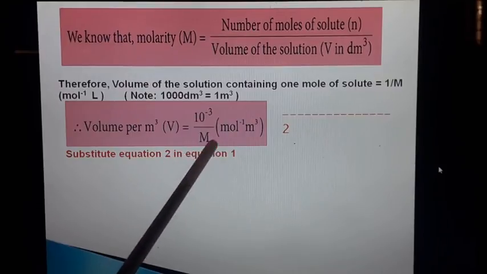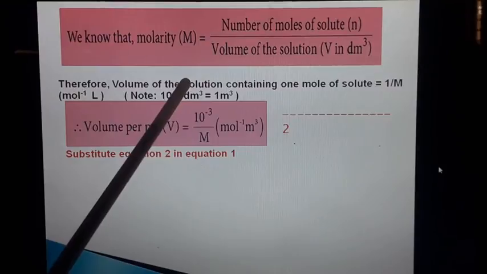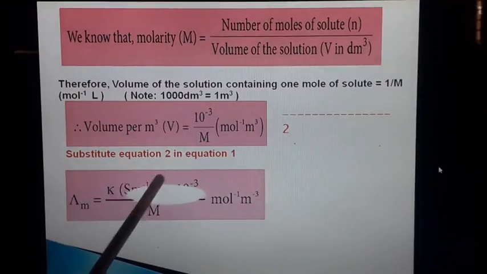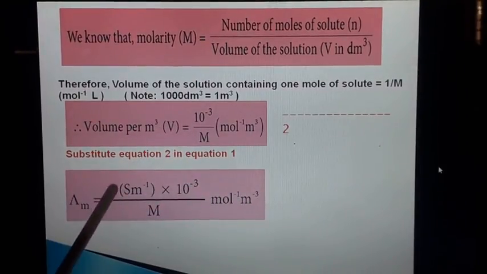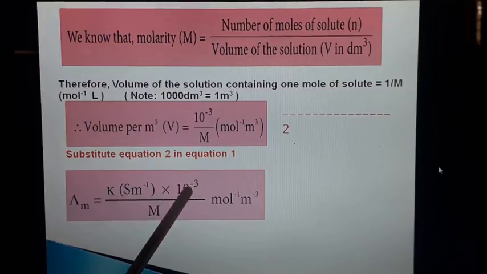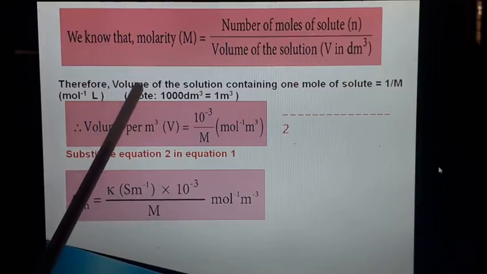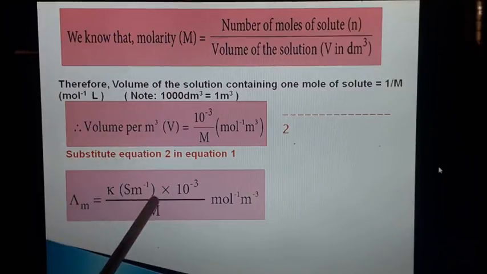Substitute this equation into equation 1. We get lambda m is equal to kappa, in S m power minus 1, into 10 to the power of minus 3 divided by M. This 10 to the power of minus 3 comes from the solution containing 1 mole of solute in 1 liter.